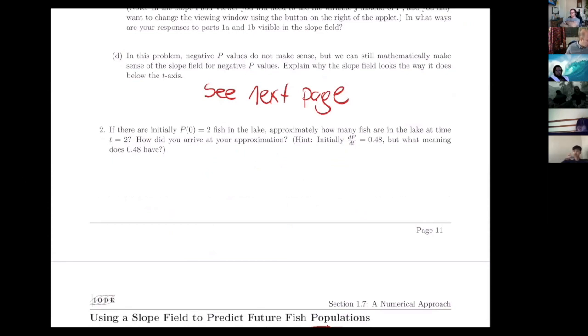And if you looked at the video, then hopefully a lot of those ideas are just a review of things that you might have talked about in calculus. It's like linear approximations in some sense.